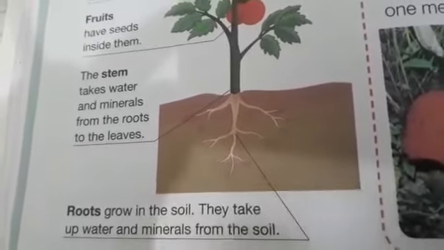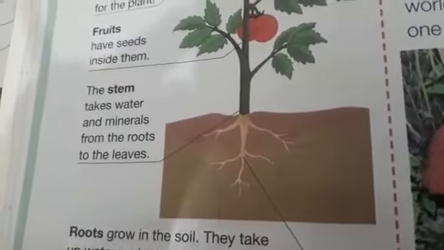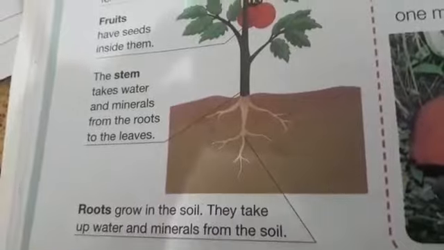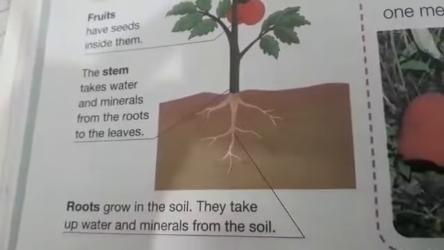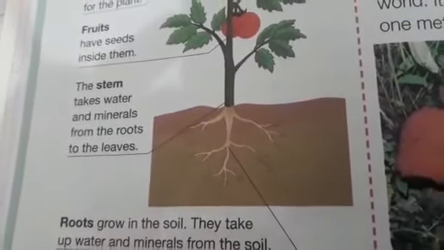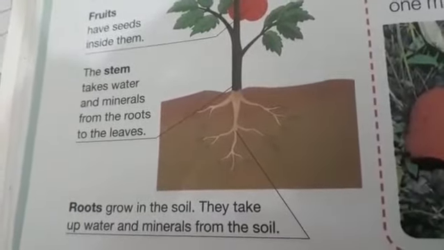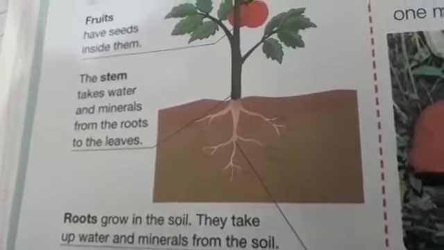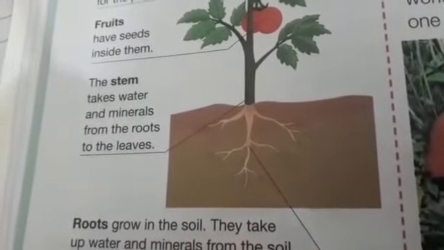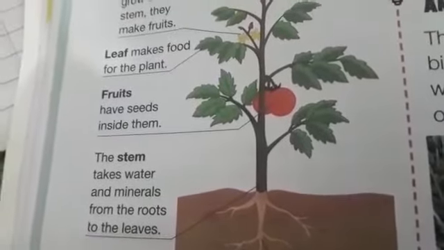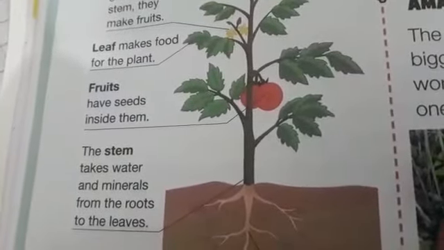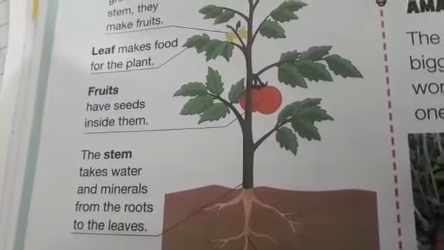When we give water to the soil, the roots take up water and minerals from the soil, and after that the stem picks up all these things, minerals and water, from the roots. After that, the stem transfers them to the leaves. Clear?